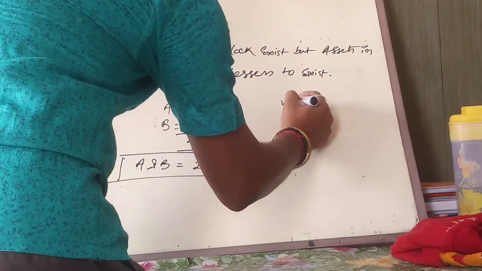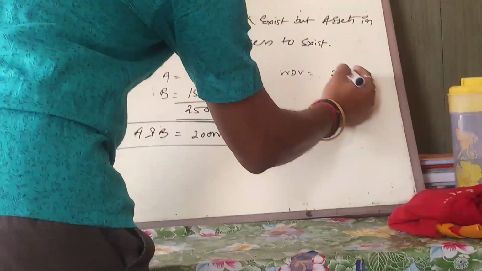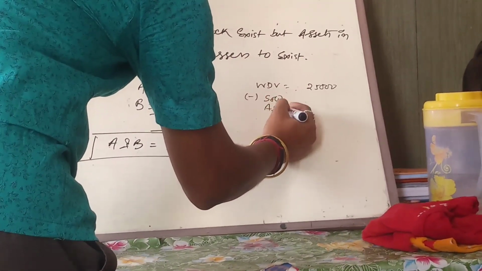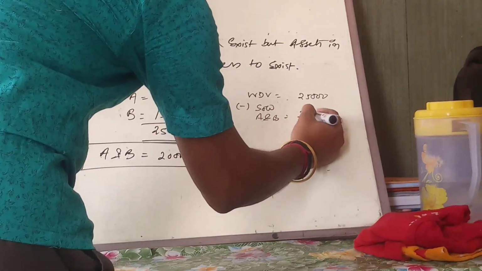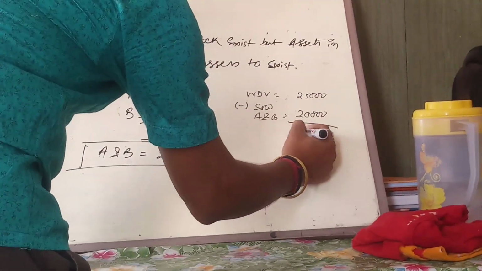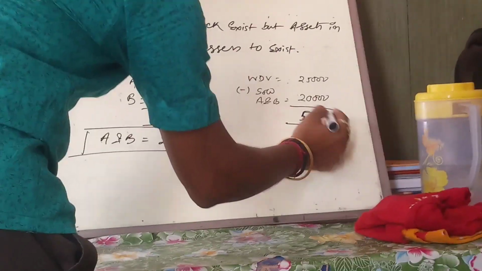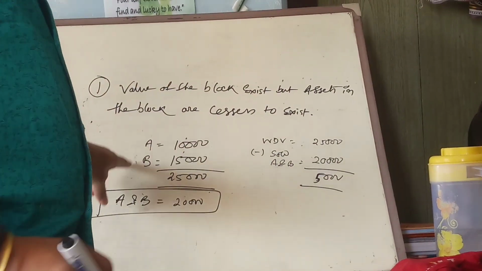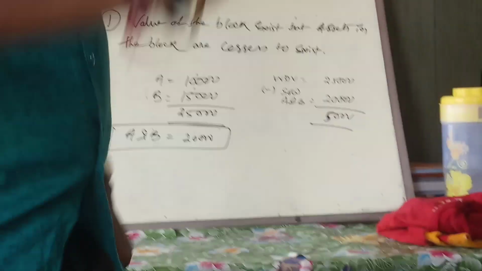That is WDV of the block 25,000 less sold A and B at 20,000, now 5,000. Your 5,000 value exists in the block, whereas your assets in the block cease to exist. There is no physical asset in the block.